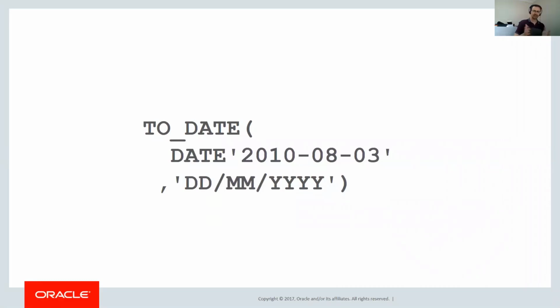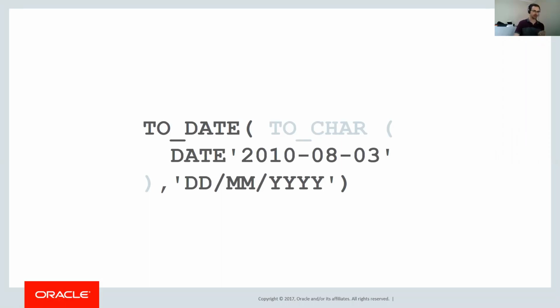Now, that sounds good, but there's actually a problem. TO_DATE accepts a character, not a date. So the first thing the database has to do is convert this date that you passed in to a character, and it does an implicit conversion. So there's actually a little hidden TO_CHAR going on here.